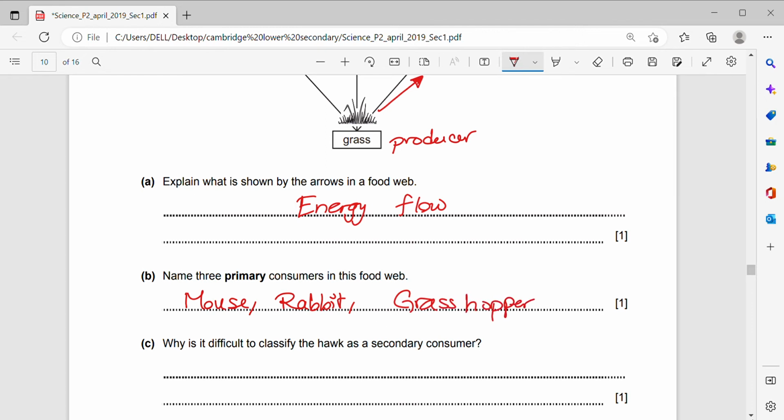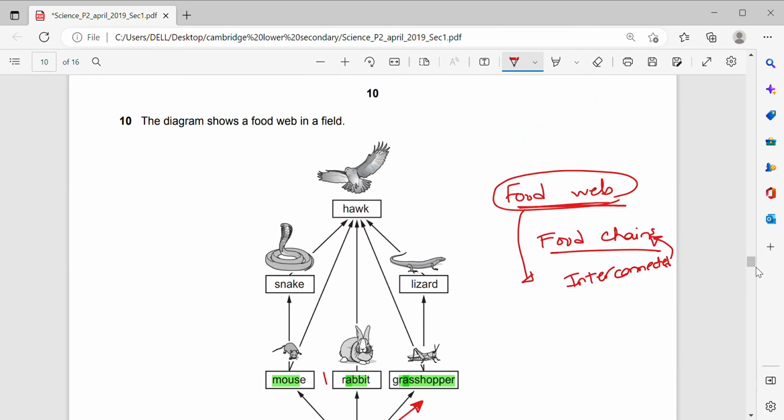Why is it difficult to classify the hawk as a secondary consumer? Let's see where it is. It is at the end. Why can't I call it a secondary consumer? These here are primary consumers, and the hawk is actually a tertiary consumer.